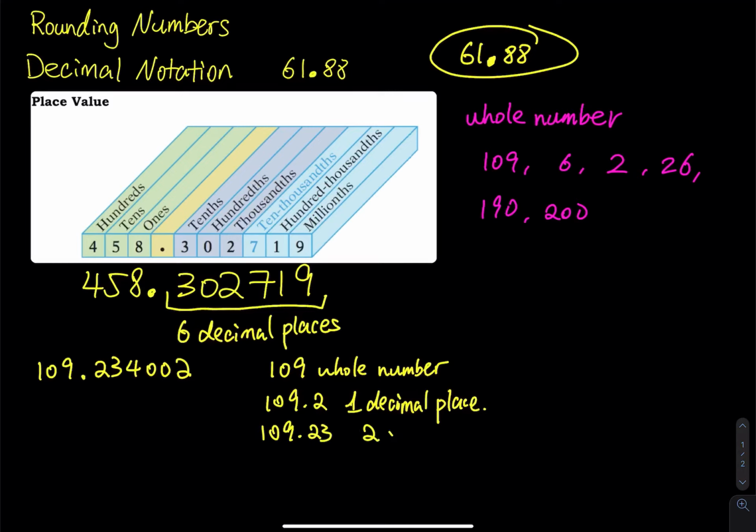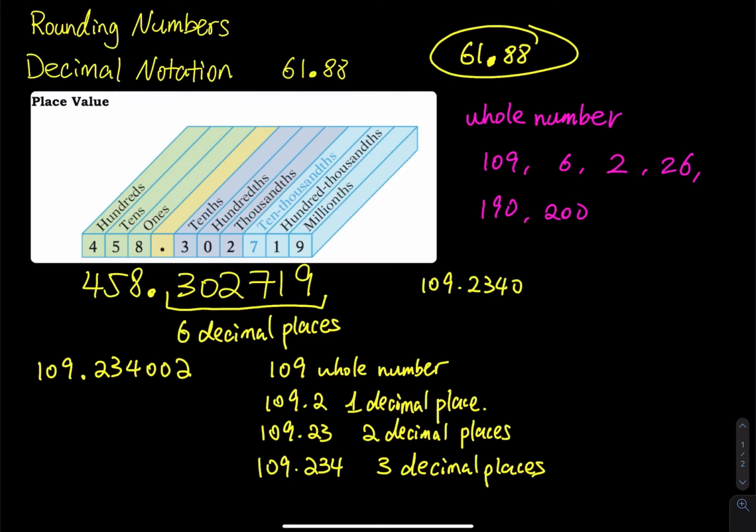This is 2 decimal places. How about 3 decimal places? 3 decimal places means keeping 3 digits on the right hand side of the decimal point. 109.234. This is 3 decimal places.